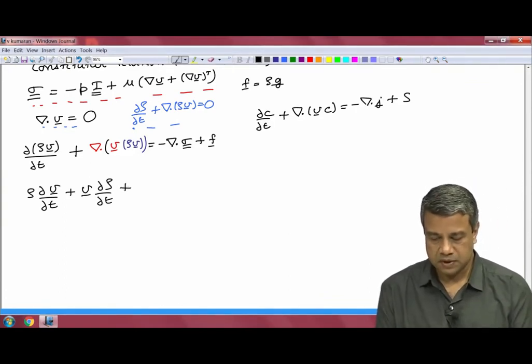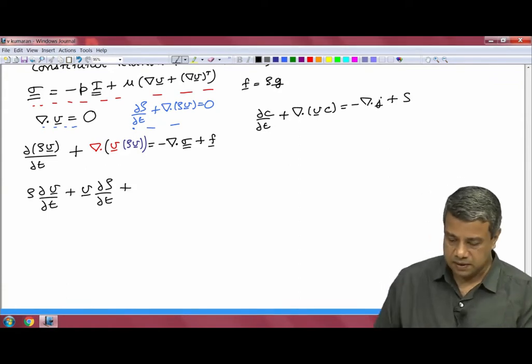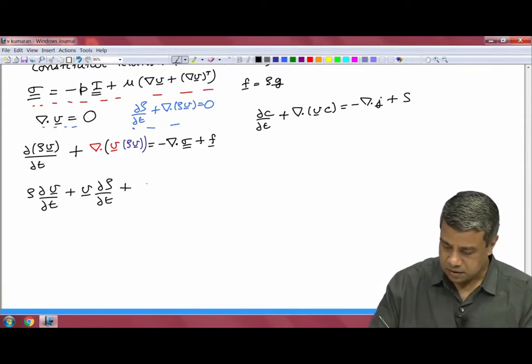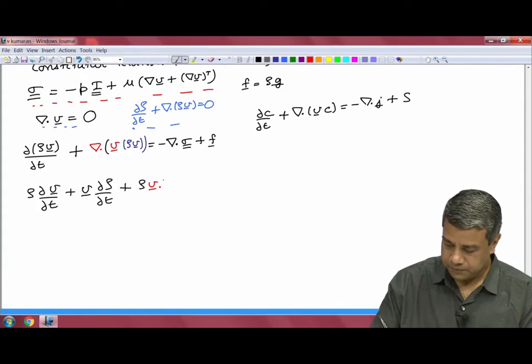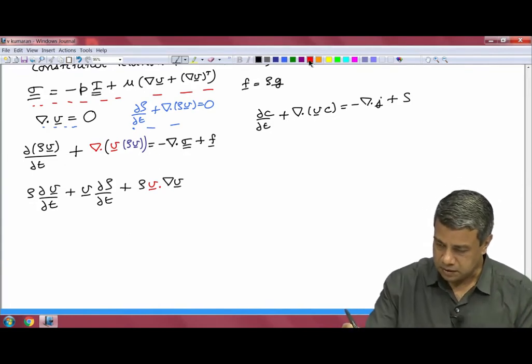I use the chain rule for differentiation on the second term as well. So, I will get rho v dot grad v. The dot is between the velocity and the gradient here.